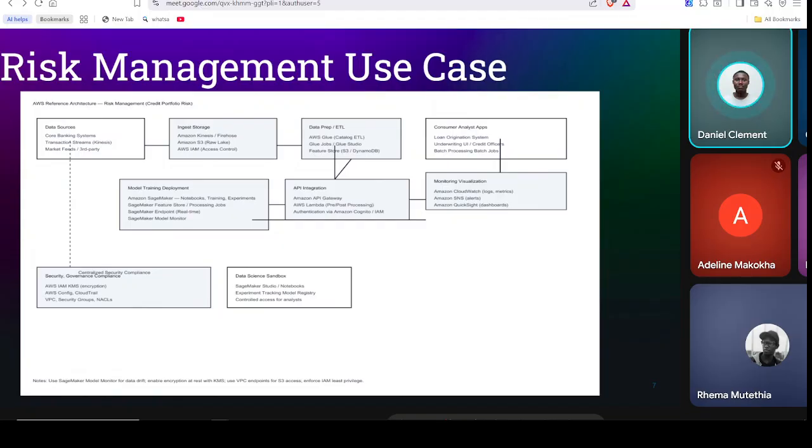So now it comes into SageMaker, and let's say it's fresh data. Fresh data is being trained to see the various checkmarks. Then, if it passes, it sends information through the SageMaker endpoint, which can be near real time or real time based on what the company wants to do.